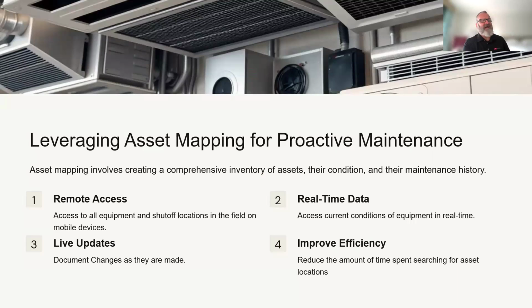We're going to start out here with the leveraging of asset mapping. What does that mean? Having all of my documentation all in one spot, but more importantly, where is the stuff in my building? And having access to that stuff if I'm on a roof or climbing up the side of a building to get to the roof.